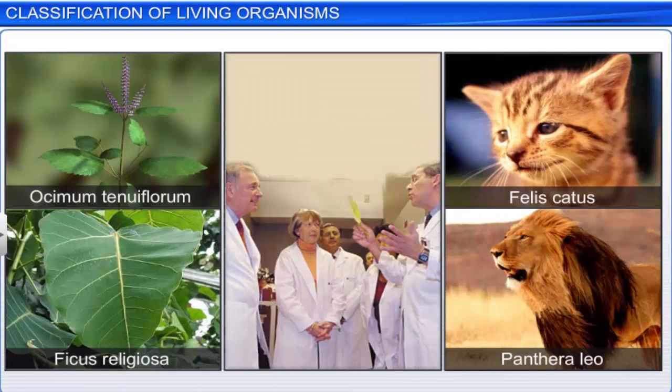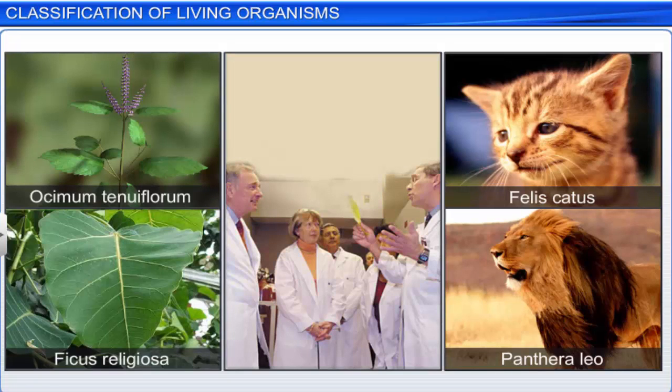The procedures to assign a scientific name to an organism have been agreed upon by scientists and biologists all over the world. Scientific names help avoid ambiguity as each organism has just one name.